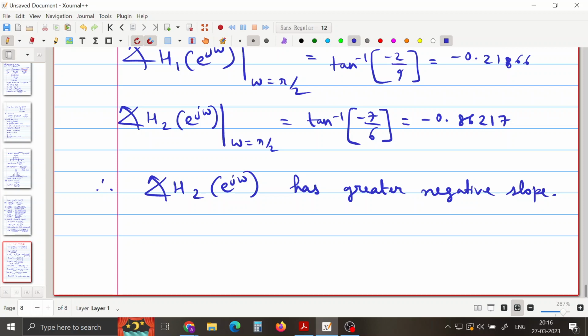But this group delay is again the negative of the slope. So overall it will be more positive, you see. The second system has a more negative slope, but tau of this is the negative of the slope.